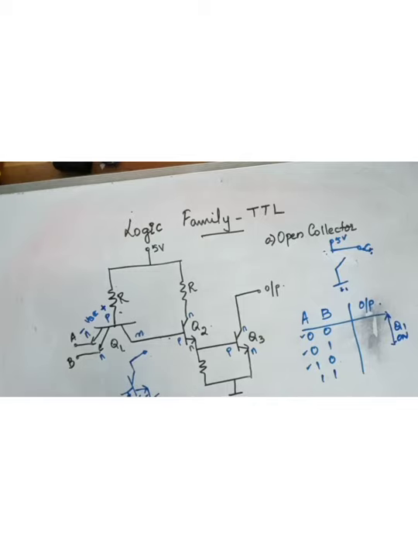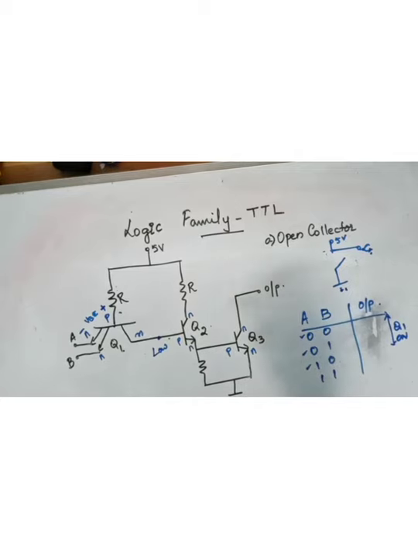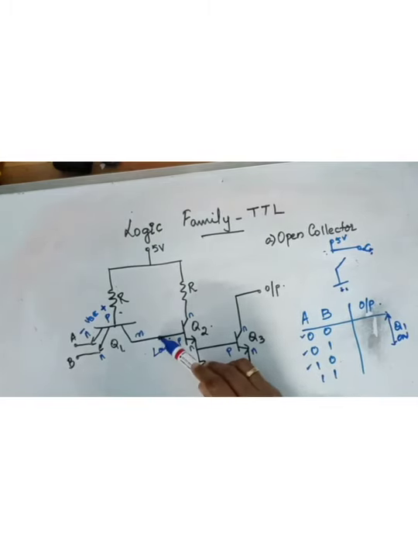Okay, so now we are considering the first 3 cases. The voltage here is low. Voltage here is low. So here if you see, you have Q2 and Q3. Yes, the low voltage is coming at the base of Q2 with respect to ground.